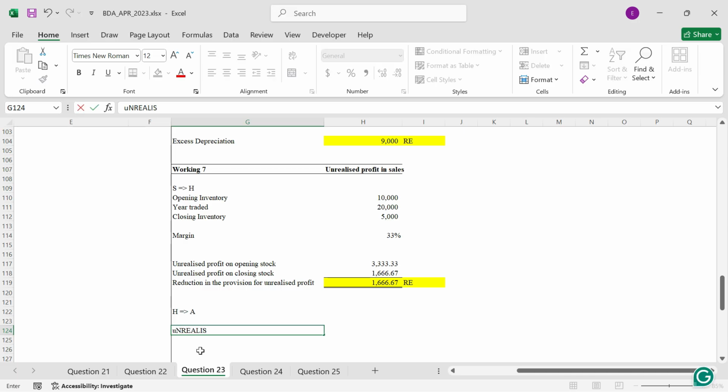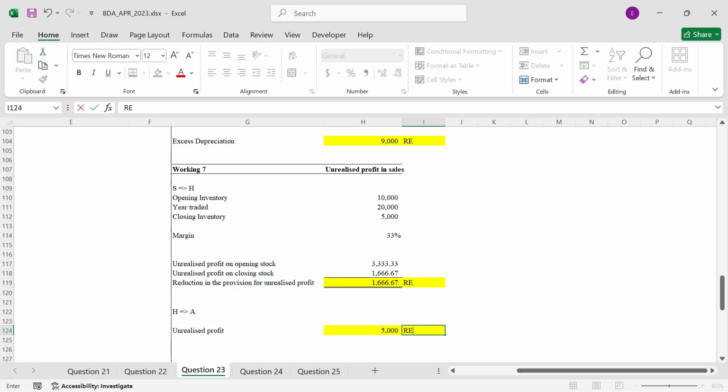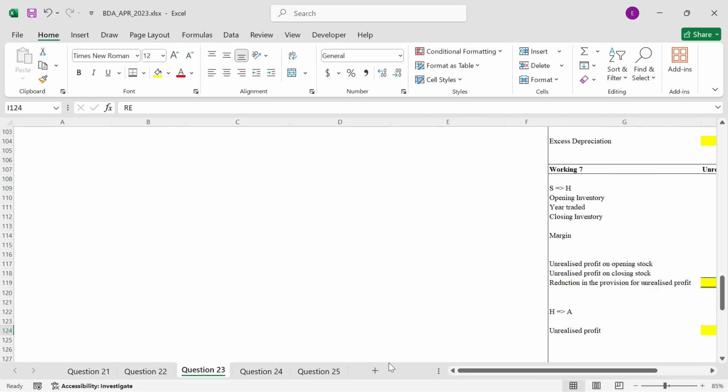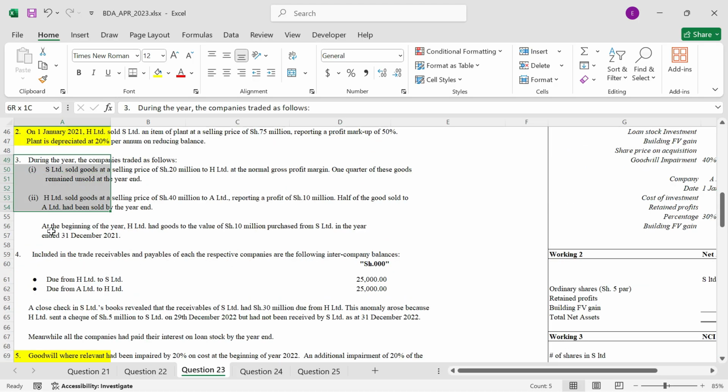So then the realized profit is half of the 10 million. So it was 0.5 by 10 million. Again, this affects my retained earnings. So this is all very good.